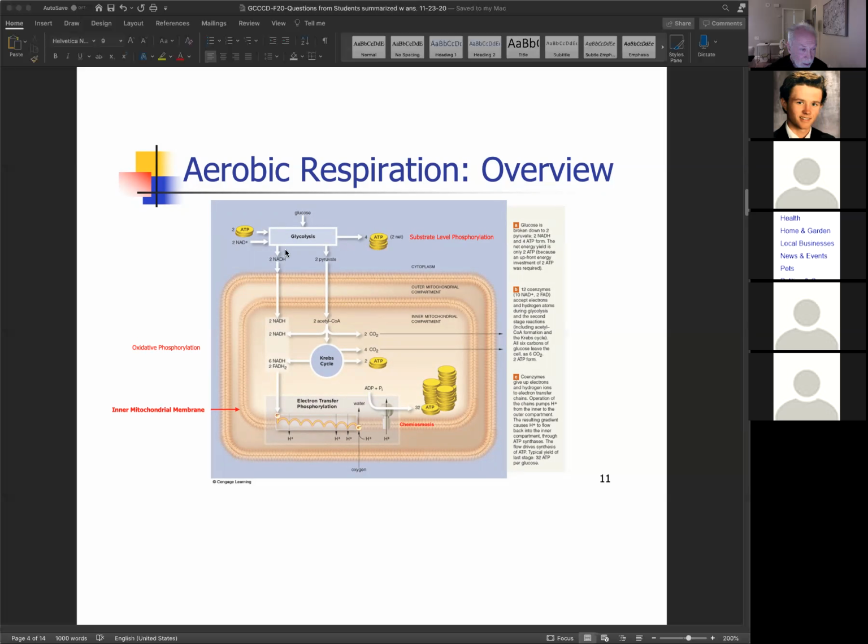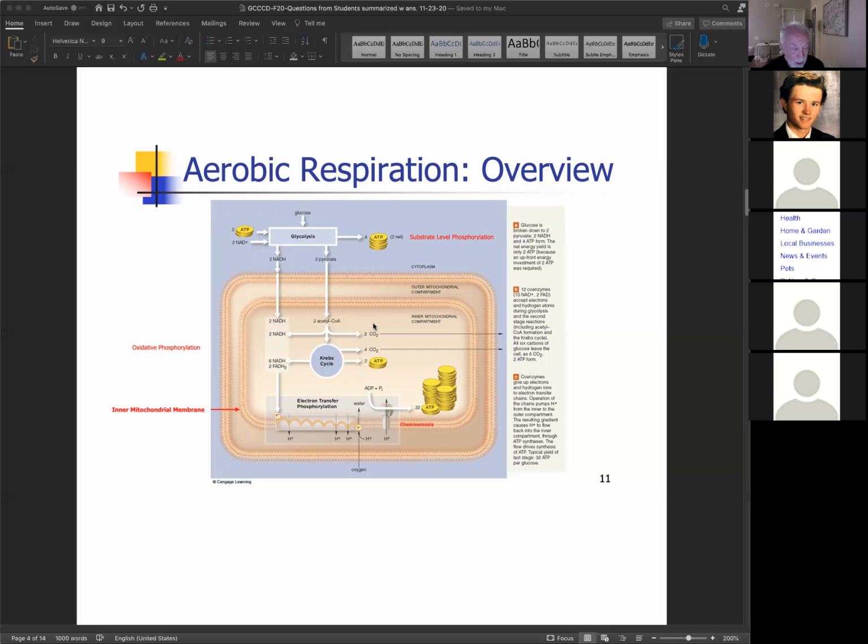Glycolysis also generates electron carriers along with 2 molecules of pyruvate. This all happens in the cytoplasm. Glycolysis happens in the cytoplasm, not within an organelle.